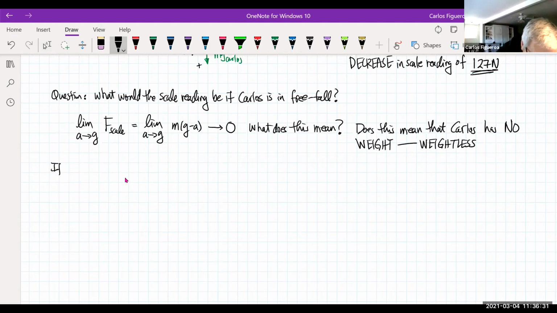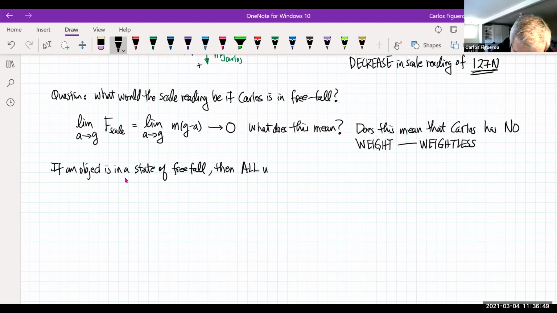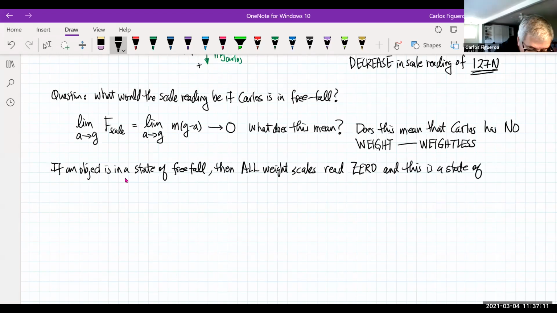So if an object is in a state of free fall, then all weight scales read 0. And this is a state of weightlessness.